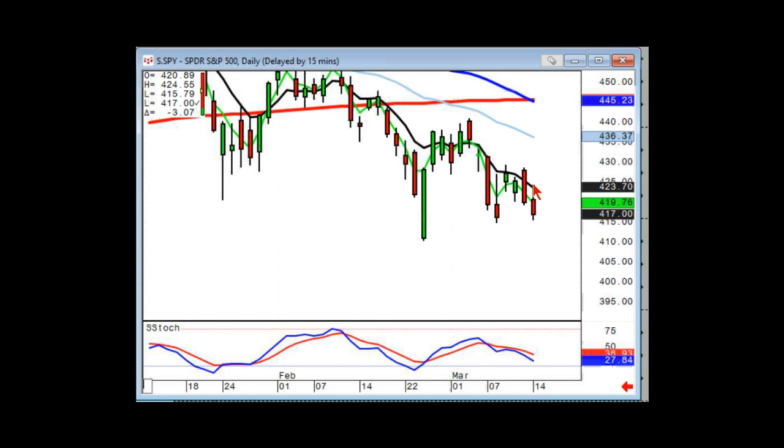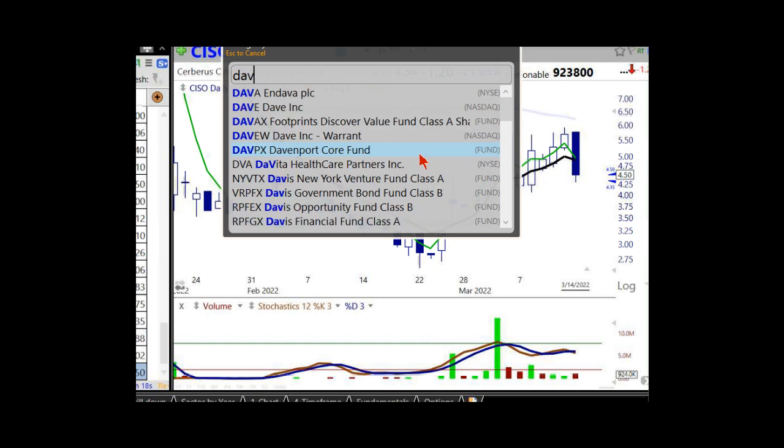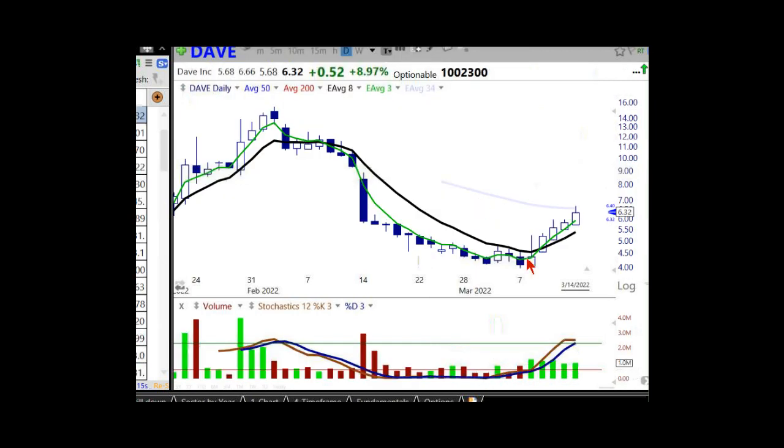Yeah, the Dave is on the TC2000. It just doesn't come up over here on CQG for some reason. I don't know if I could pull it up. Probably could. I don't know if I'm still on screen here, but you can see the inverted hammer right here on Dave. This is one of the high probability trades.